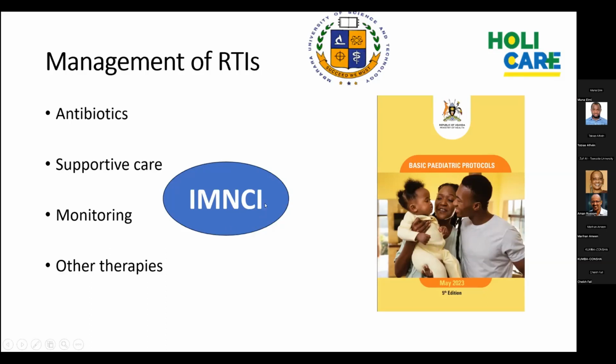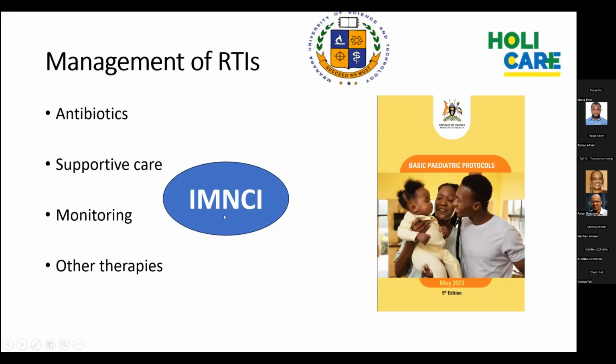As Juliet said, for most health facilities we are using the IMNCI approach for assessing, classifying, and treating. Both are important, and there are guidelines that have really worked well for the majority of health facilities.